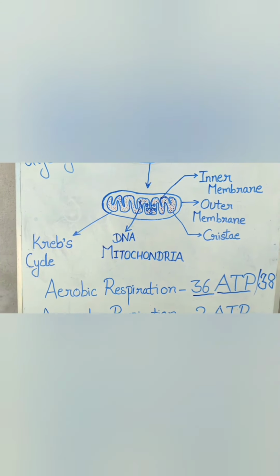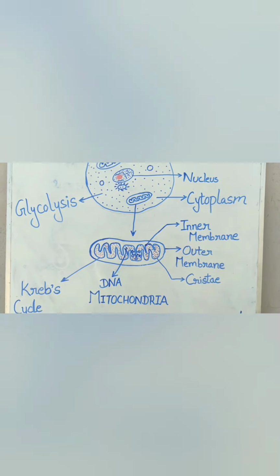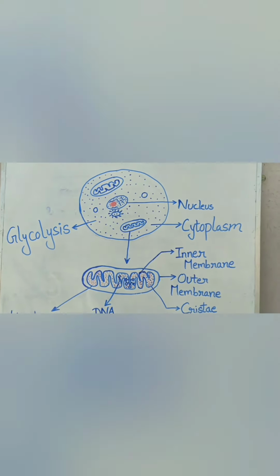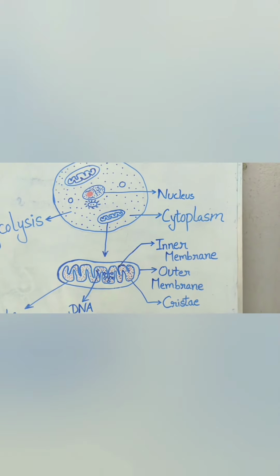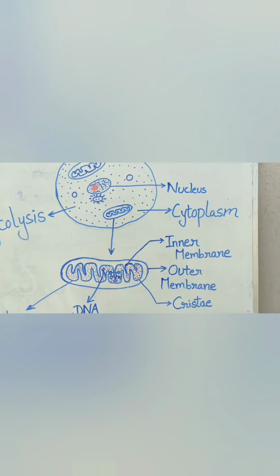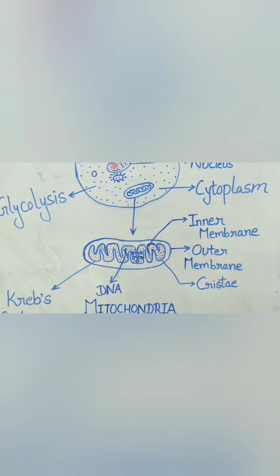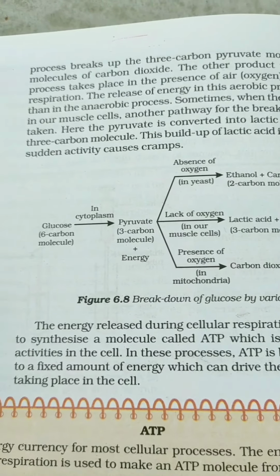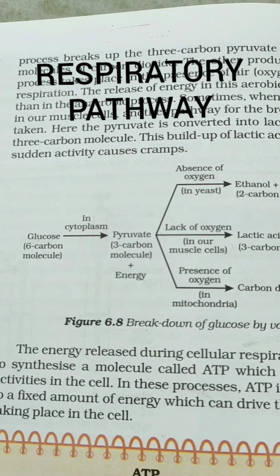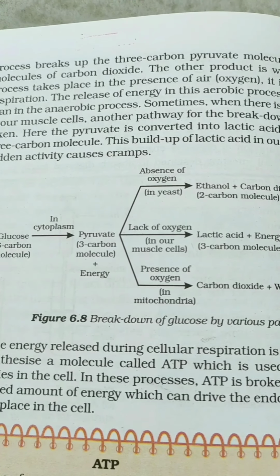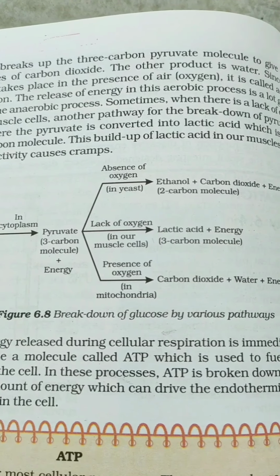This is the life process we have read today, cellular respiration, which starts from the cytoplasm and takes place in mitochondria as well, resulting in the formation of ATP molecules. The glucose, which is a 6-carbon compound, is further broken down into various compounds depending upon the presence or absence of oxygen.